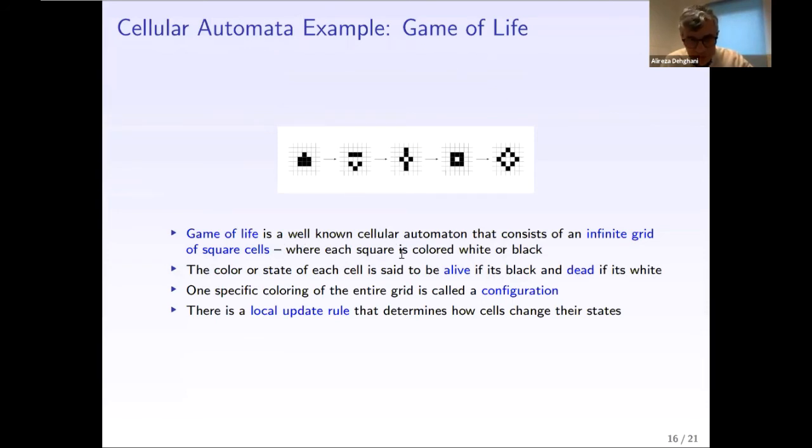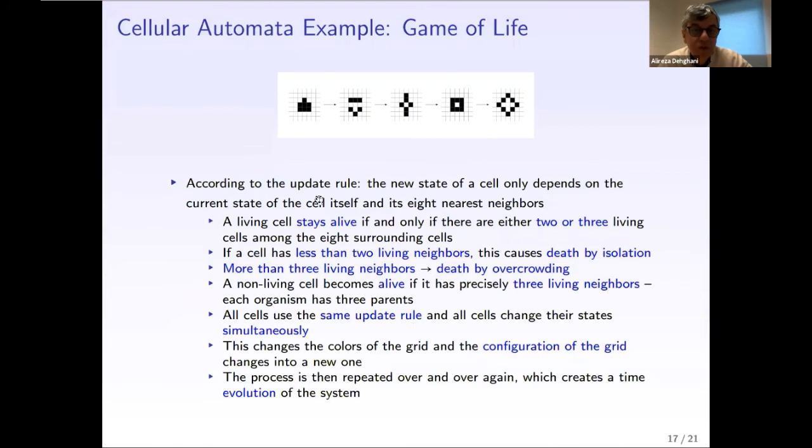The Game of Life is a well-known cellular automaton that consists of an infinite grid of square cells, which could be black or white. The color or state of each cell is alive or dead. The specific coloring of the entire grid is called the configuration. There is a local update rule which we will talk about. According to the update rule, the new state of a cell only depends on the current state of the cell itself and its nearest neighborhood.